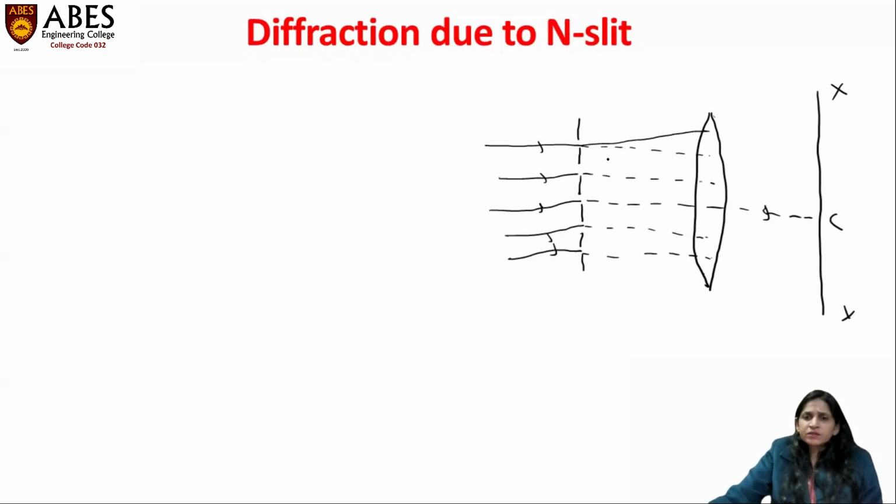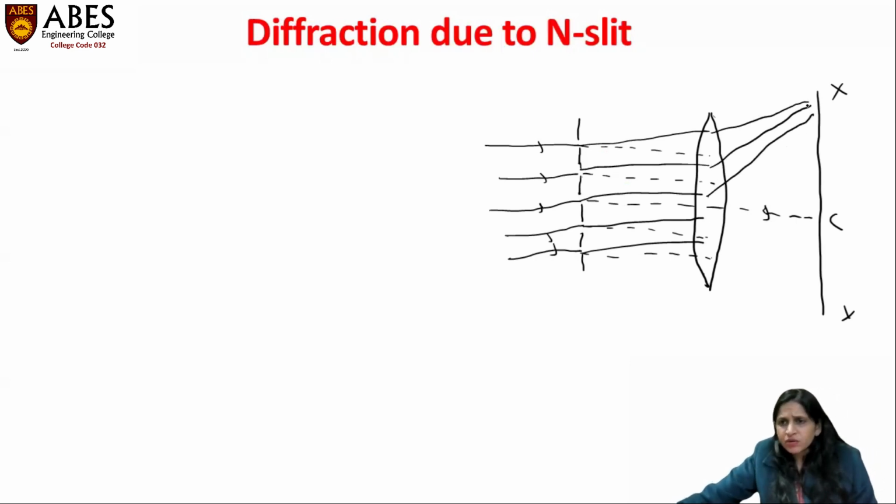It will be bending at different angles. This is also making angle theta. From the telescope, we can easily find that they can be focused and they will give a sort of maximum.